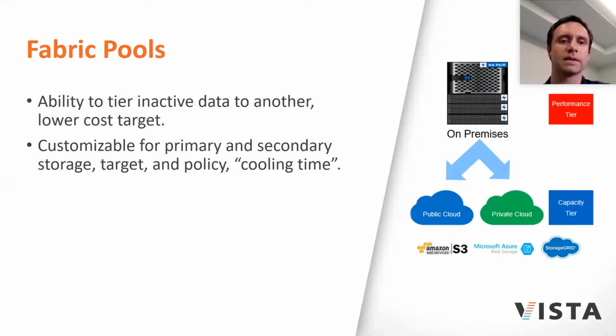What this gives us the ability to do is put our data in the right place for the right cost. We can keep our more active data on site on that primary high performance storage, and then add in these capacity tiers.